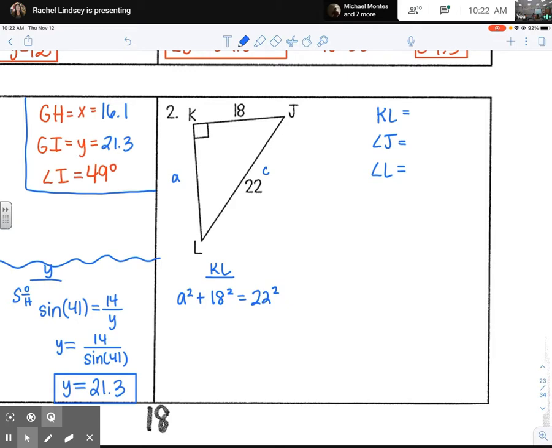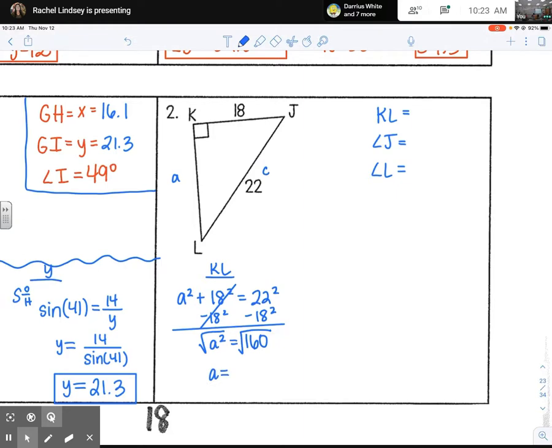To solve, I'm going to subtract 18 squared from both sides. A squared equals 160. Square root both sides.